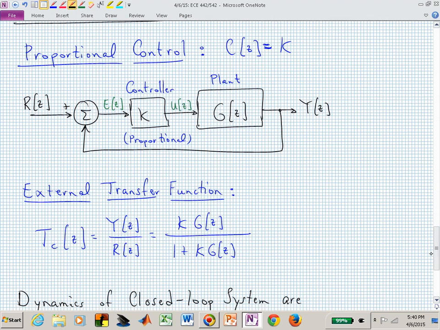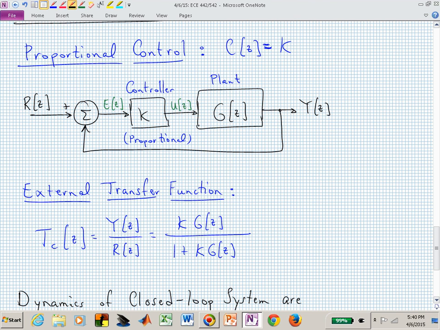Let's start with the basics. Let's start this PID controller discussion by looking at the very first piece where we simply say, suppose that our controller is purely proportional.